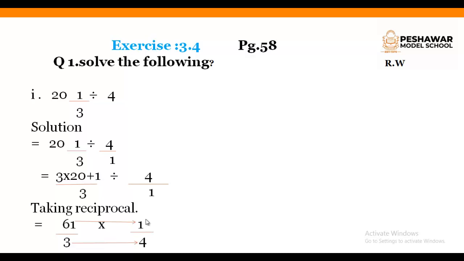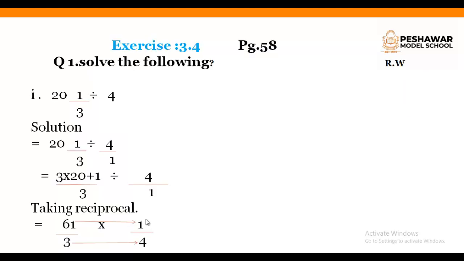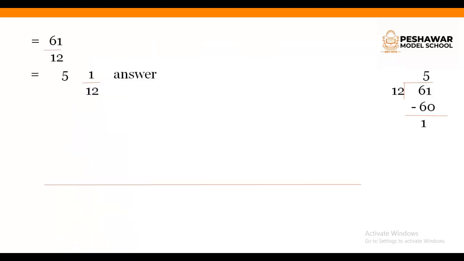It is called reciprocal. Move to the next step: when you take the reciprocal and put the multiplication sign, then you multiply numerator with numerator and denominator with denominator. 61 1 times 61 and 3 4 times 12. Your new fraction will be 61 by 12.